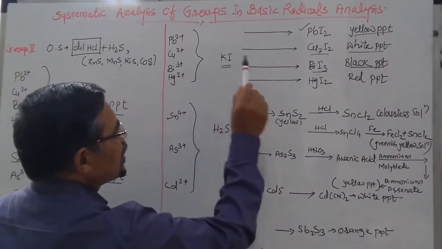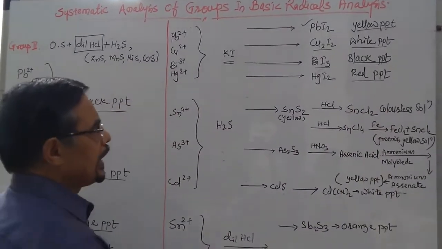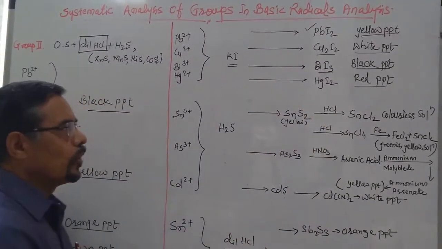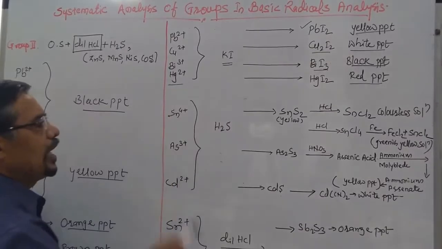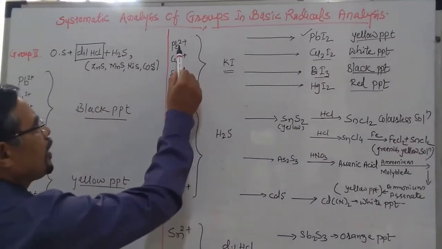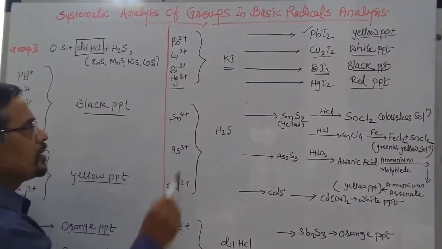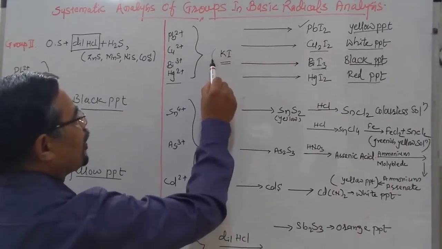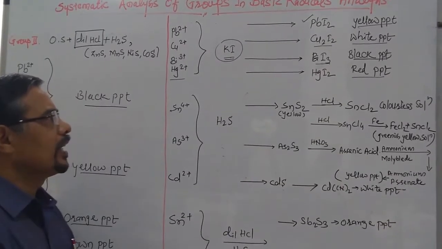If with KI solution there is a formation of red colored precipitate, then it indicates the formation of HgI2. It is red colored and it indicates the presence of Hg2+ basic radical. So in this way, Pb2+, Cu2+, Bi3+ and Hg2+ radicals can be detected by using the reagent potassium iodide, that is KI.